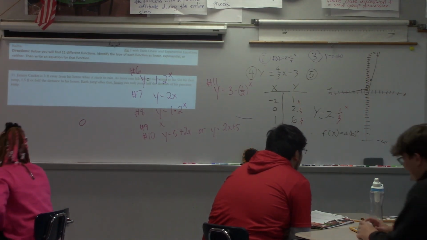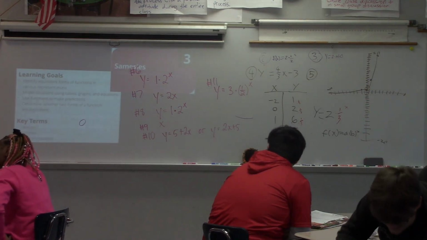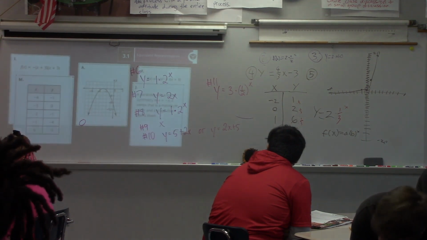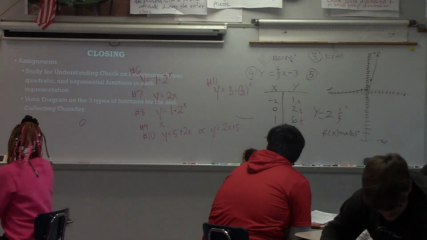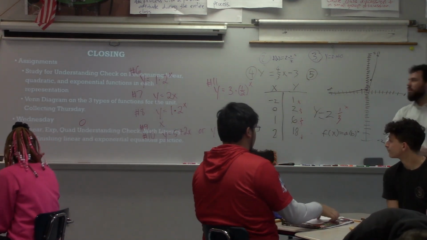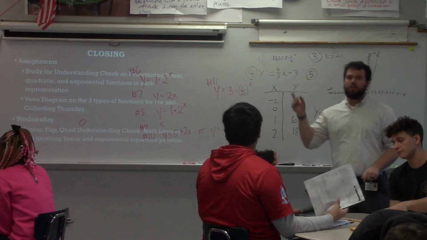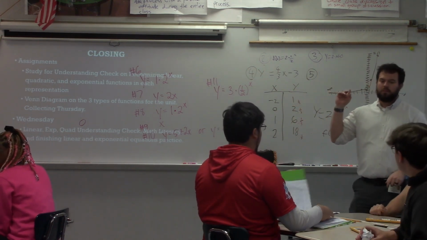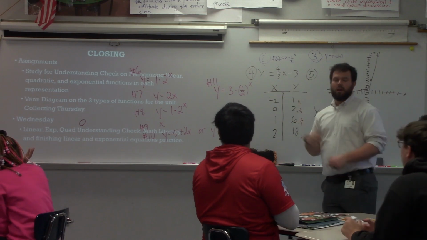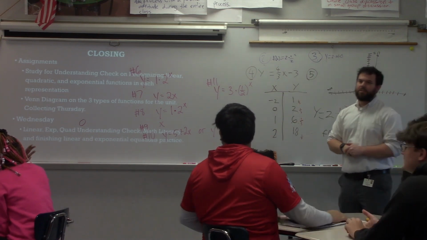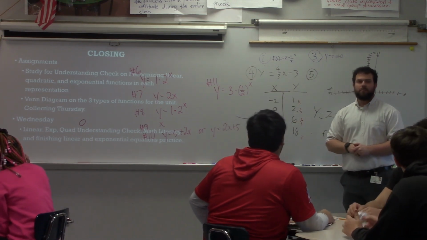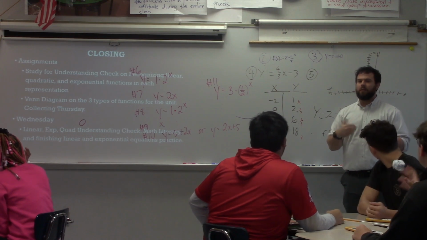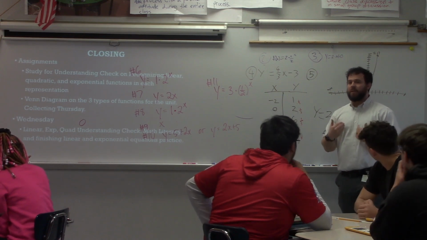So your homework is to explain those equations. This is what we're going to get to tomorrow. Please remember, what do we have tomorrow in class? An understanding check. You'll have 30 minutes tomorrow.